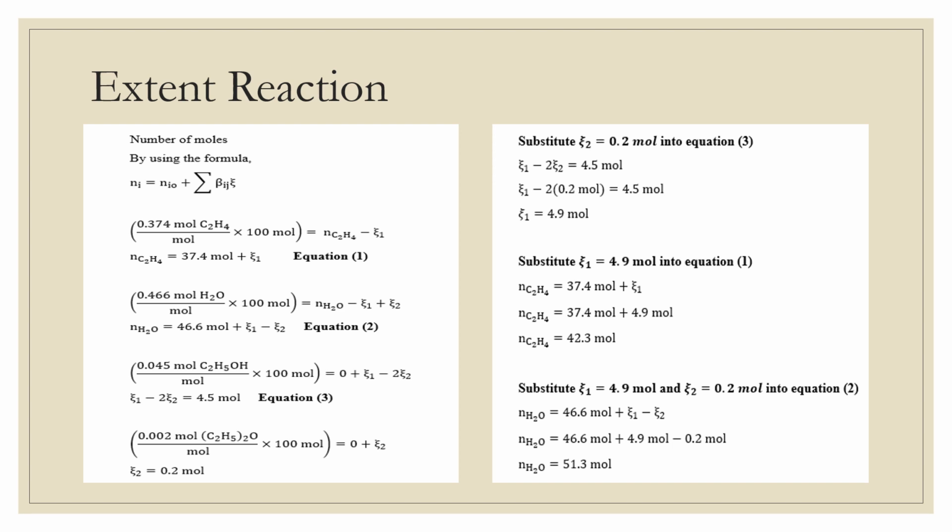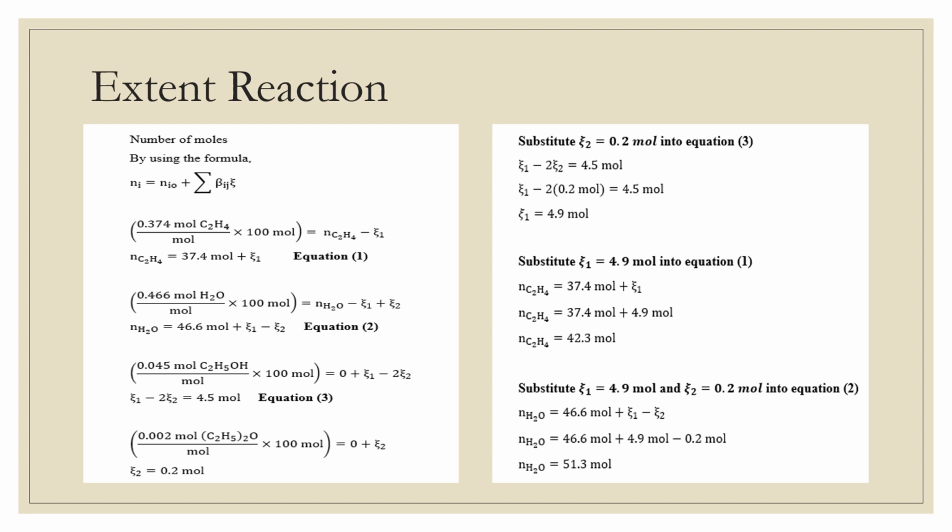Minus because ethylene is a reactant in chemical equation 1, and the coefficient of ethylene is 1 mole, so that's why it is negative 1 Z1. And there is no ethylene in the second chemical equation, so there is no Z2 here. We simplify it and get the first equation, which we denote as equation 1.